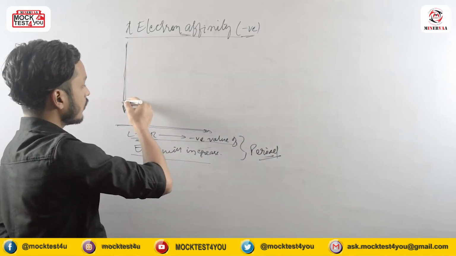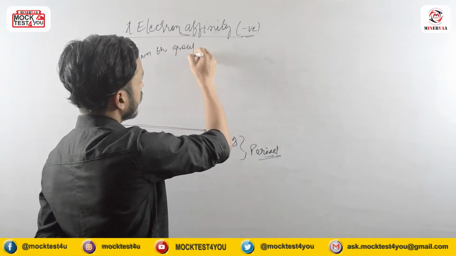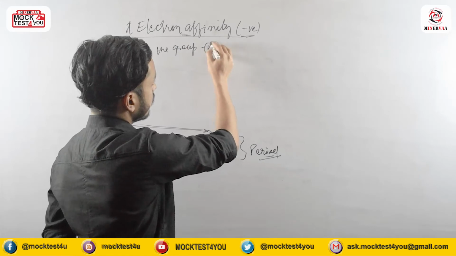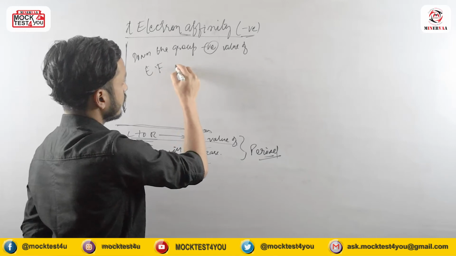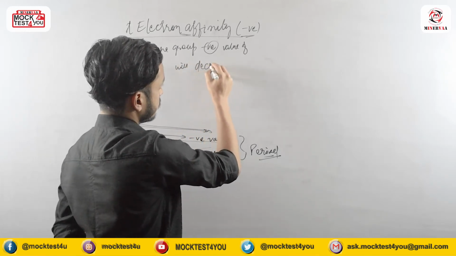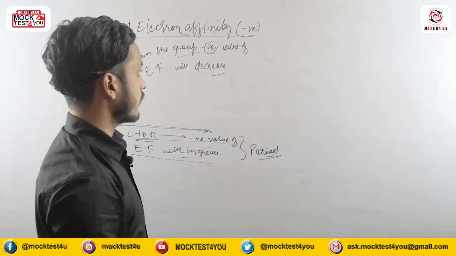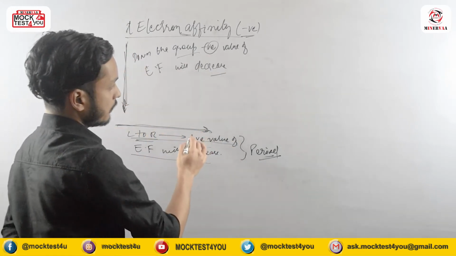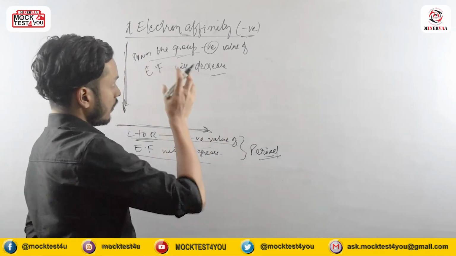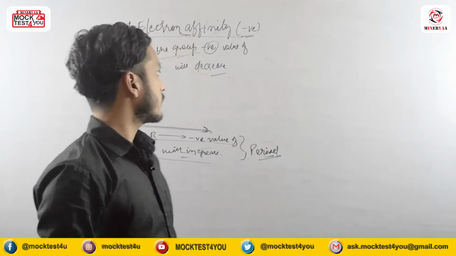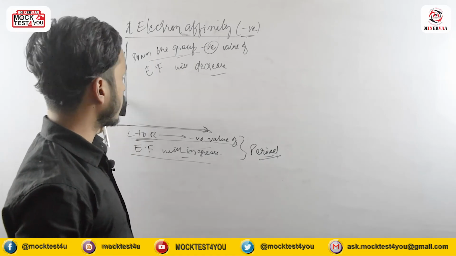Now down the group, the negative value of electron affinity will decrease, okay. So this was about the electron affinity trend down the group and across the period, and the reason is the same. Why is the negative value of electron affinity decreasing down the group?